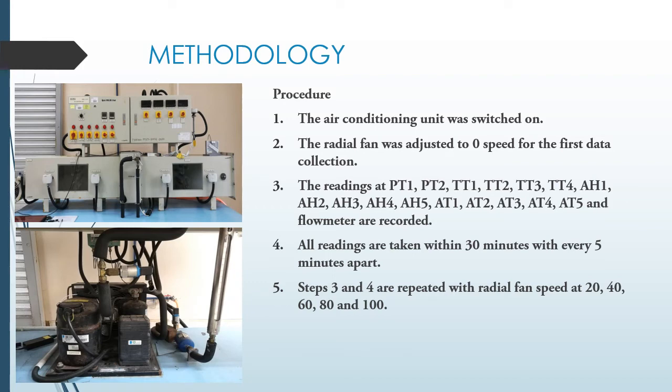The first step is the air conditioning unit is switched on, and the radiator fan is adjusted to 0 speed for the first data collection. The readings of refrigerant pressure 1 and 2, refrigerant temperature 1, 2, 3 and 4, air humidity 1, 2, 3, 4 and 5, the air temperature 1, 2, 3, 4 and 5, and the flow meter are recorded.